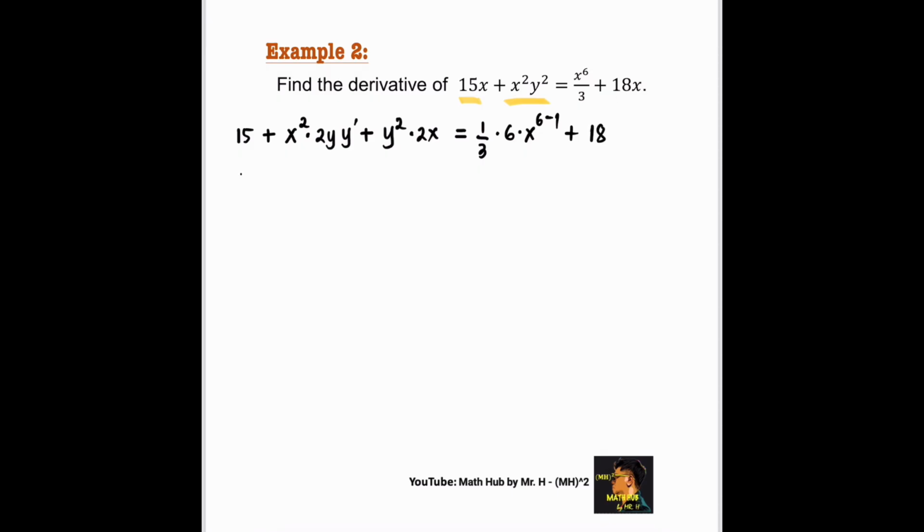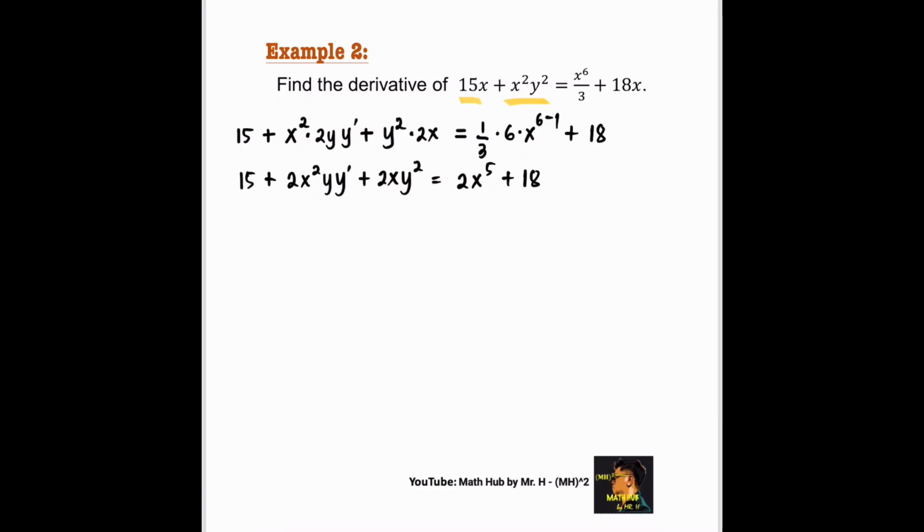So we have here 15 plus 2x squared y prime plus 2xy squared will be equal to 6 divided by 3 is 2, x to the power of 6 minus 1 is 5, plus 18.